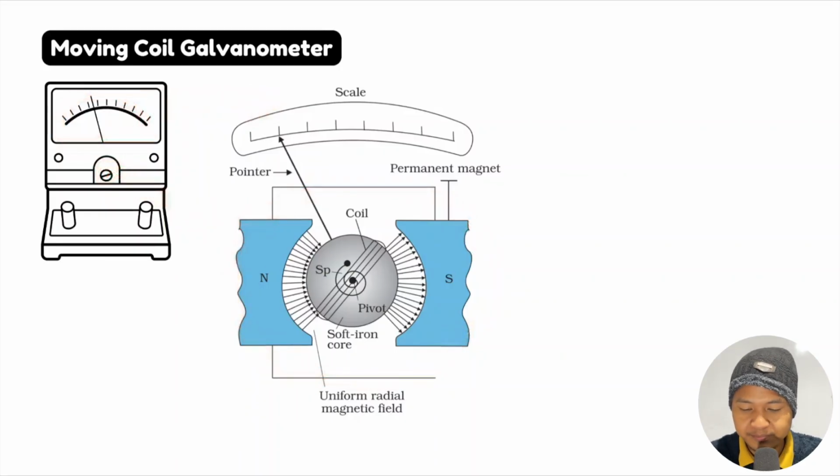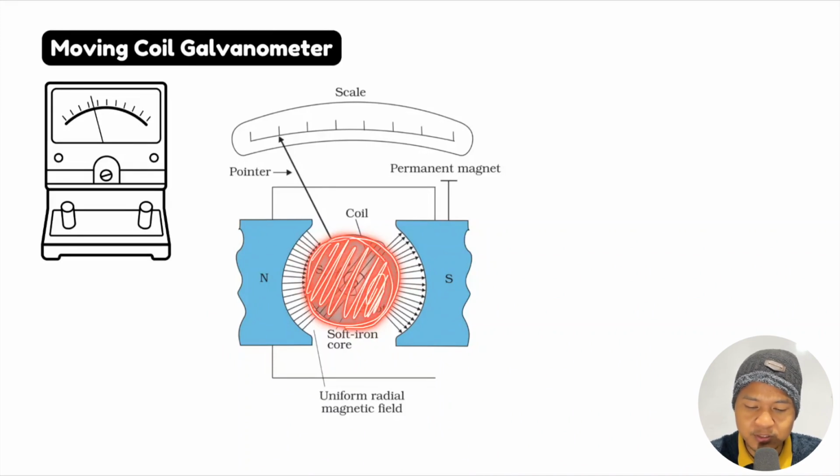You have a permanent magnet, which supplies the external magnetic field. Then you have a soft iron core, and around the core there are many windings.